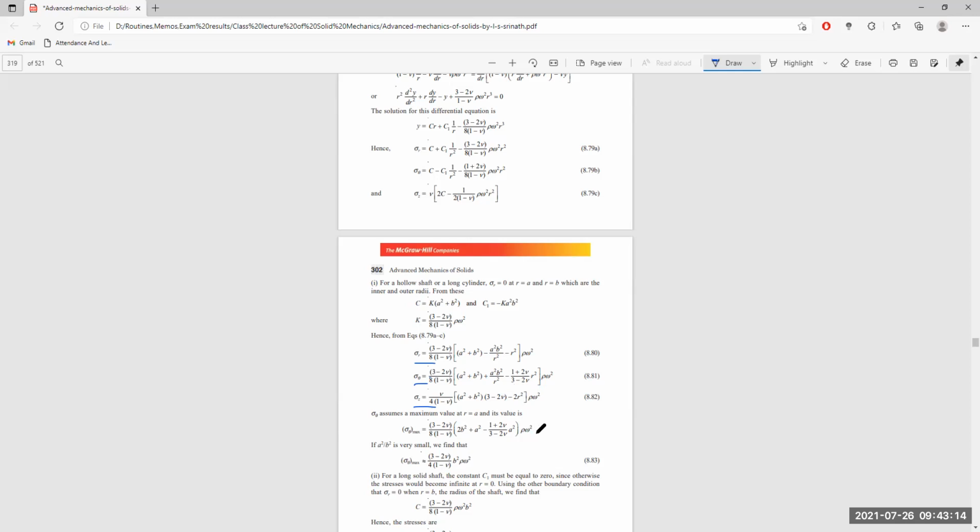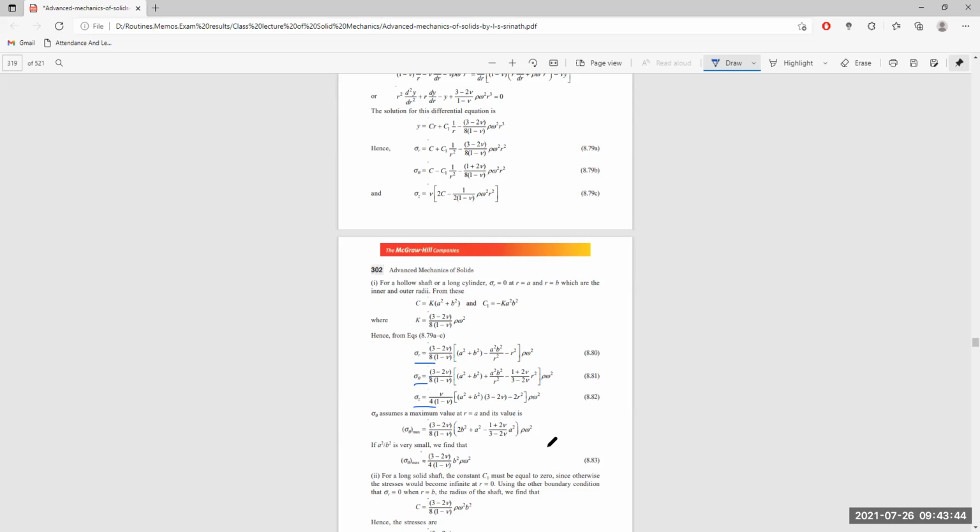Now if the ratio of a square and b square is very small, we can bring this ratio out. If we take b square out of the bracket, this will become 2 plus 1 by a square by b square plus this portion, 1 plus 2 nu plus 3 minus 2 nu divided by a square plus b square.